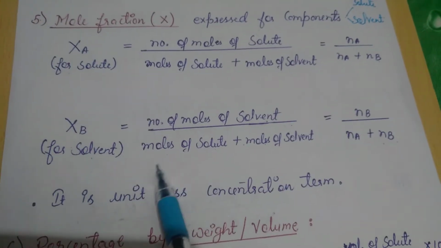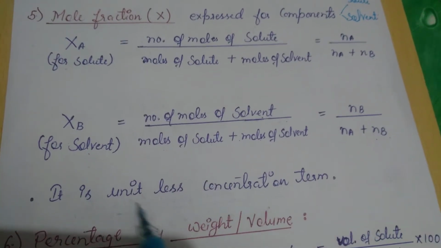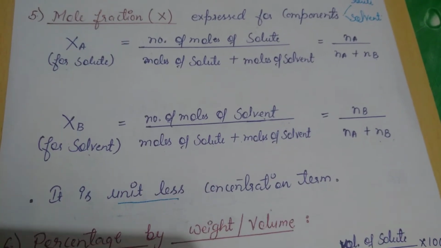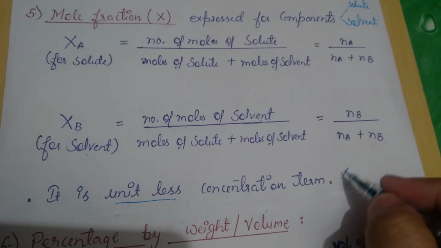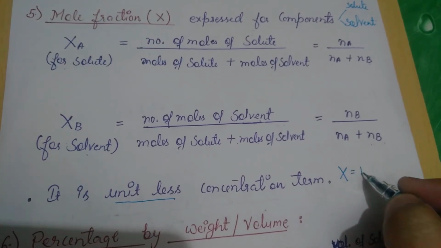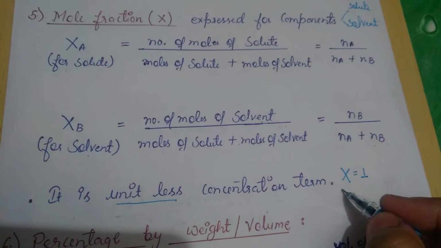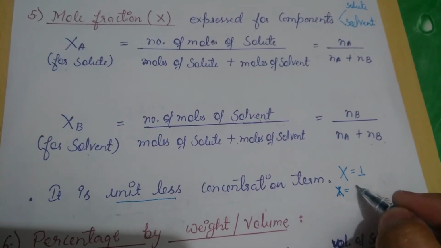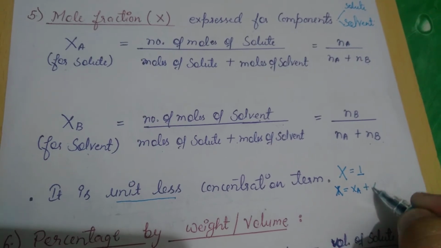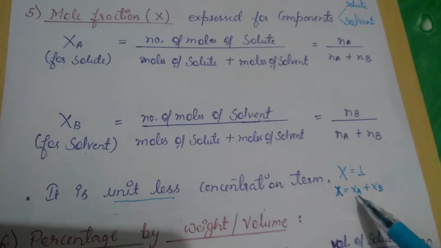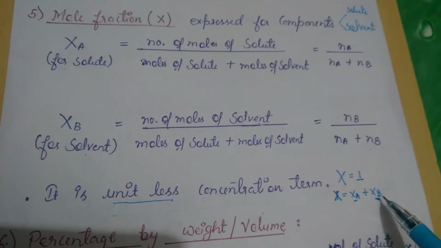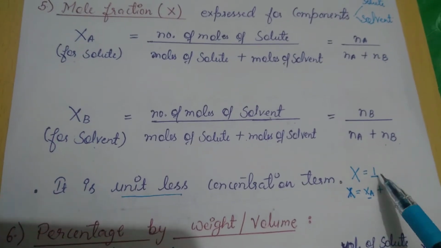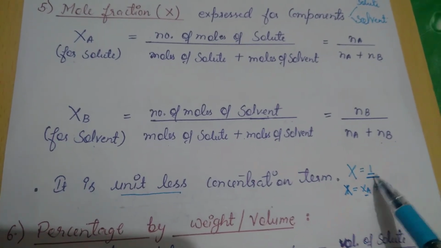This is very important: mole fraction is a unitless concentration term, and the overall value of X will always be equal to 1. It means X will be equal to XA plus XB. So whatever values of XA and XB come from solving the numerical, the final value will be equal to 1 if you add both.